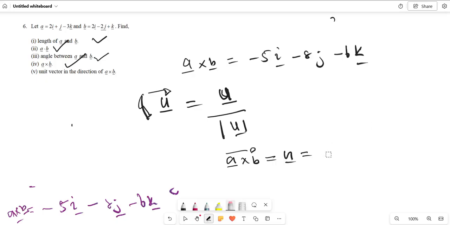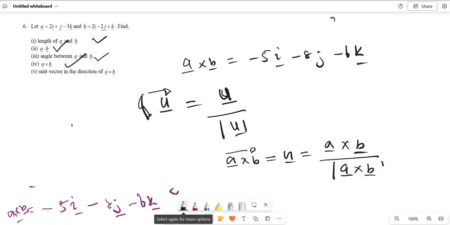Vector value means the cross product, right? The cross product A cross B divided by what? The magnitude of A cross B. So what's the magnitude, guys? Magnitude, it is easy. How do you take the magnitude?